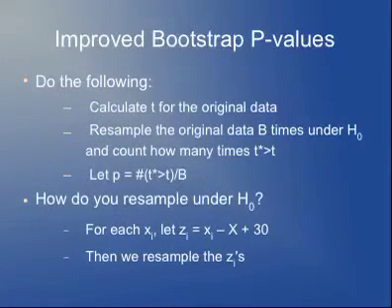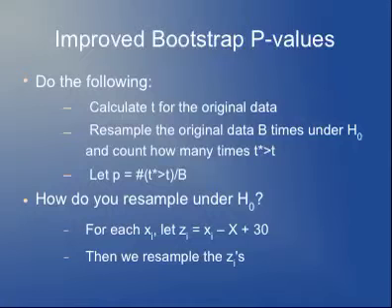So here's an improved way to calculate bootstrap p-values. You calculate your test statistic, in this case we call it t, for the original data. Then you resample the data under the assumption that your null hypothesis is true, and count how many times the bootstrap test statistic is larger than your original test statistic.